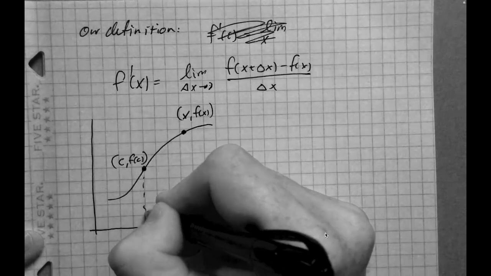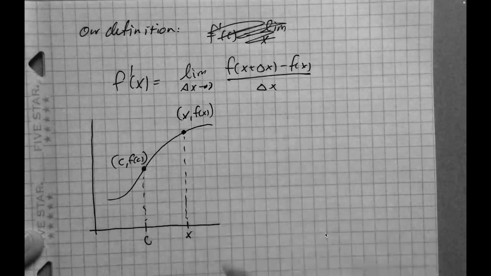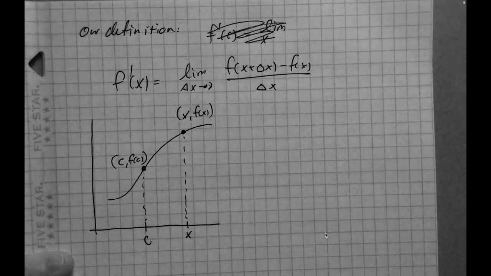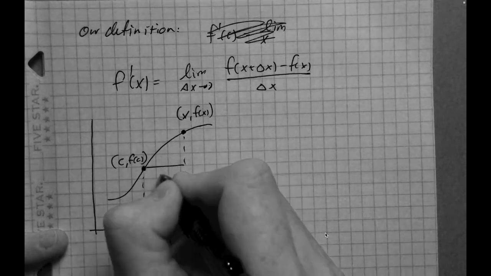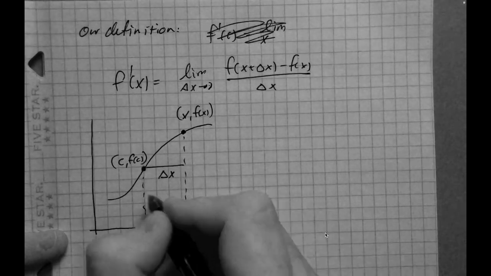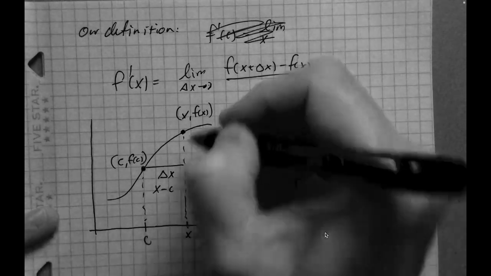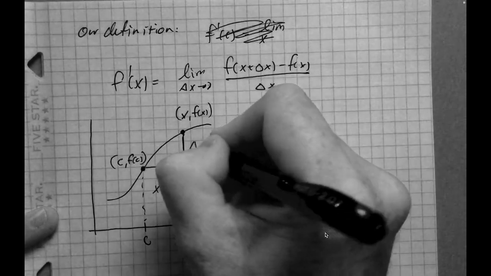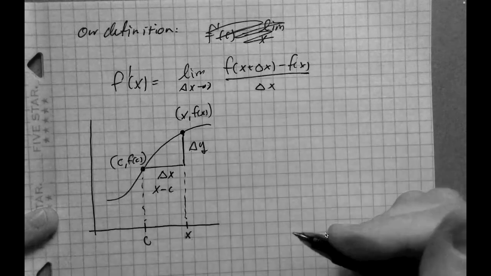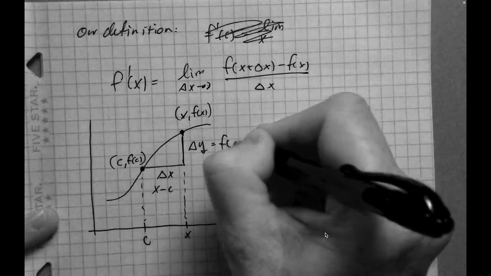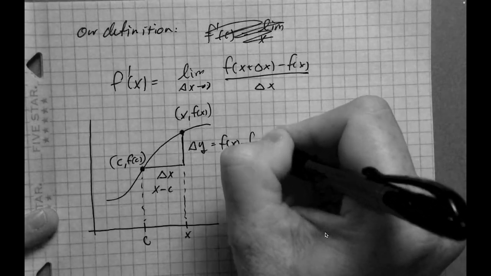Naturally, these are c and x evaluated within a function, so this horizontal delta x can be thought of as x minus c, and this vertical delta y can be thought of as f of x minus f of c.